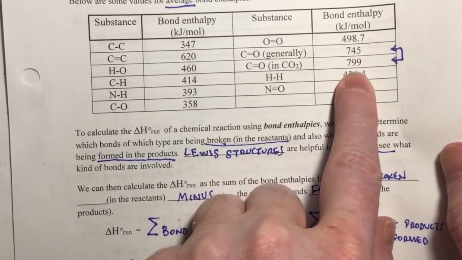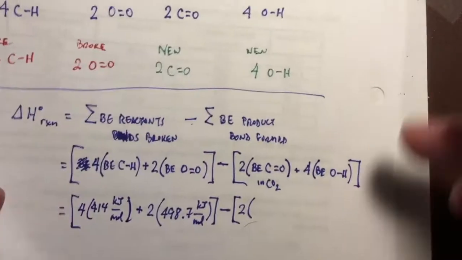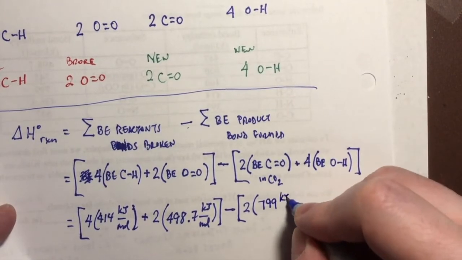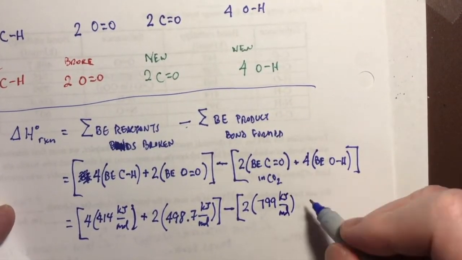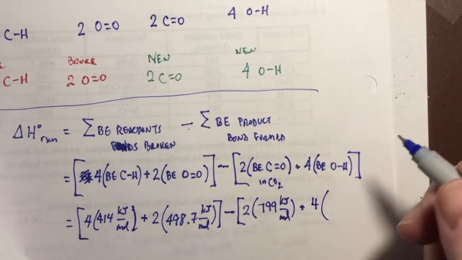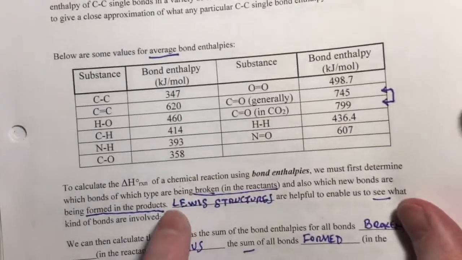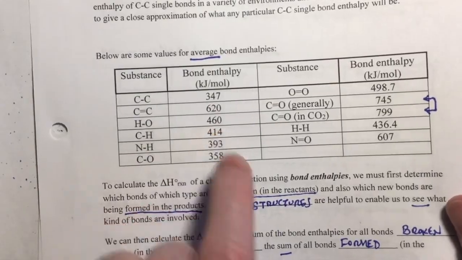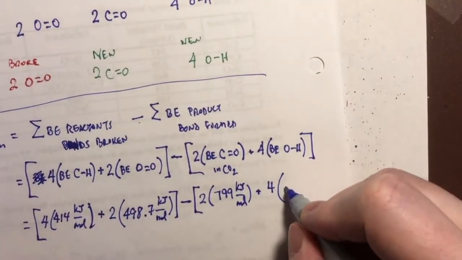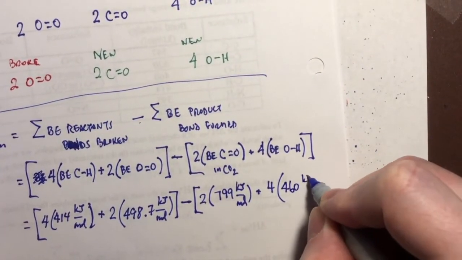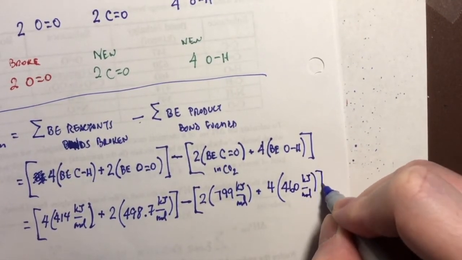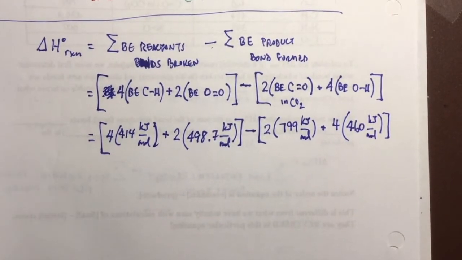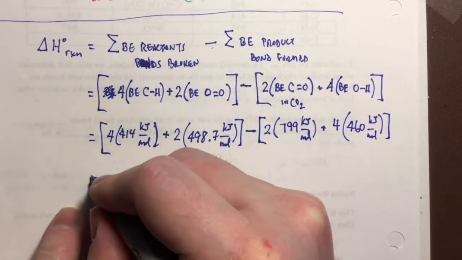There's our specific example there, 799 kilojoules per mole, plus 4 times the bond enthalpy for the OH single bond, 460 kilojoules per mole. Okay, so you can see how I'm setting up my work. Now I'm going to continue on to do the math.